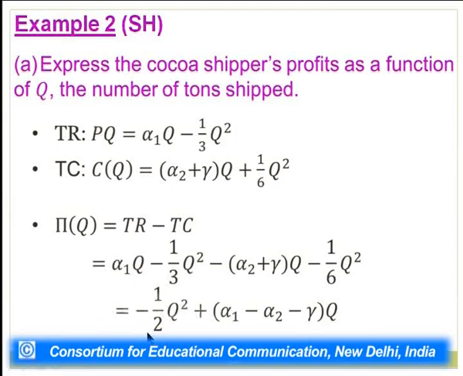So our pi of Q, the profit function for this cocoa shipping firm, is given by minus 1/2 Q square, because 1/3 plus 1/6 will give us half. So that will become minus half Q square plus, just collect all the terms containing Q, that will be alpha 1 minus alpha 2 minus gamma, the whole thing times Q.